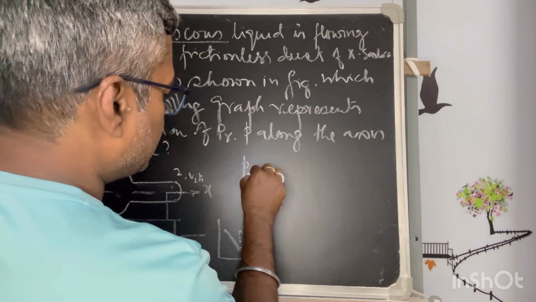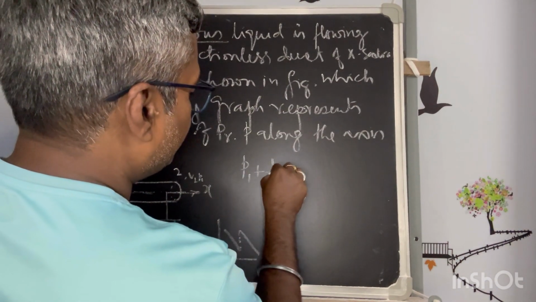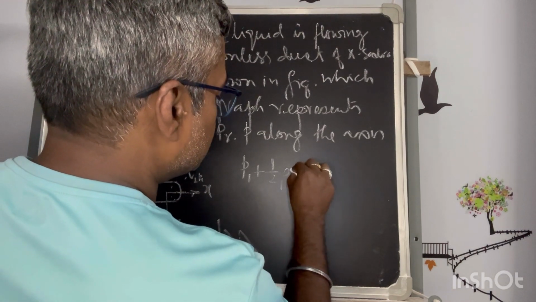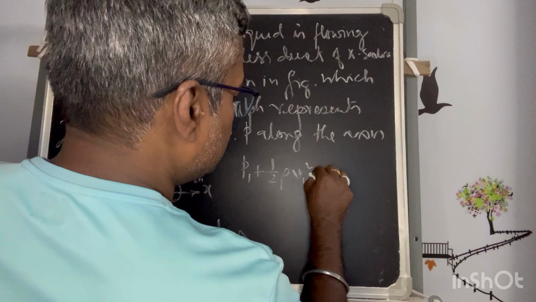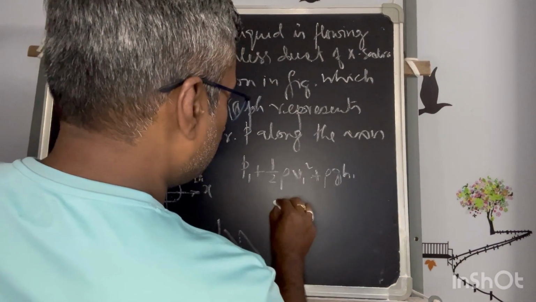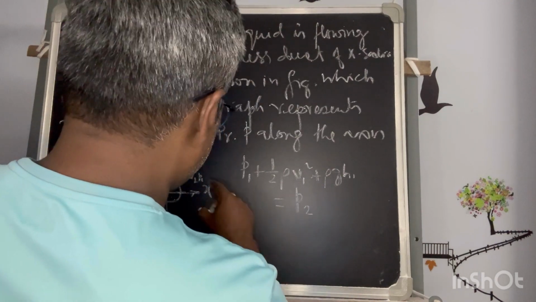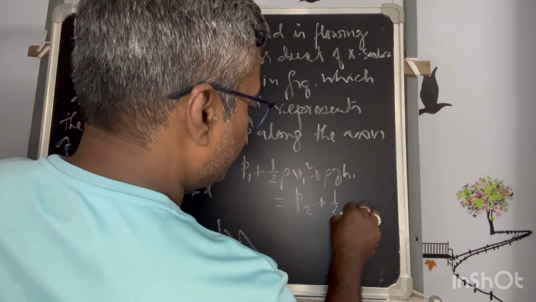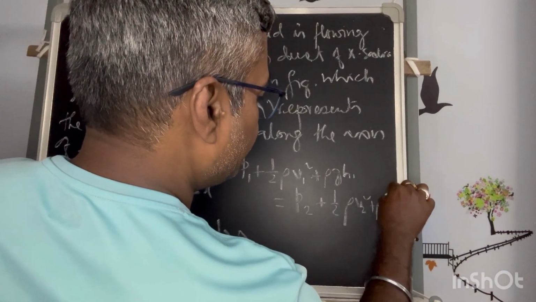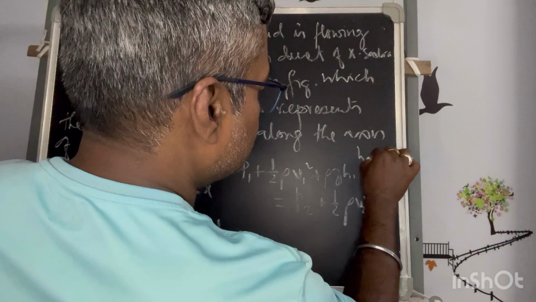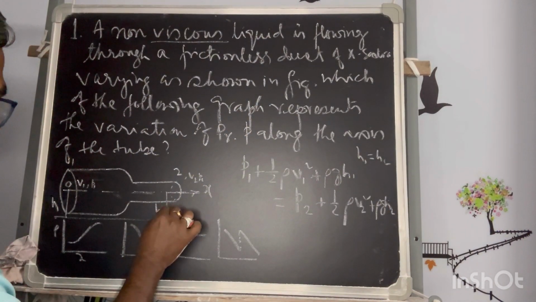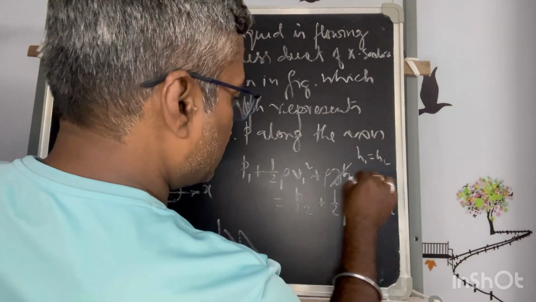P1 plus half rho V1 square, the kinetic energy, plus potential energy rho g H1, is equal to P2 plus half rho V2 square plus rho g H2. Now H1 is equal to H2. As it is horizontal, these are equal, so this part is cancelled.